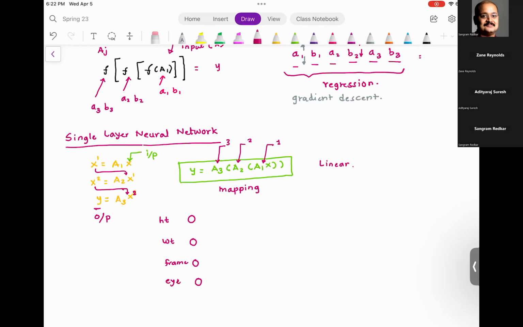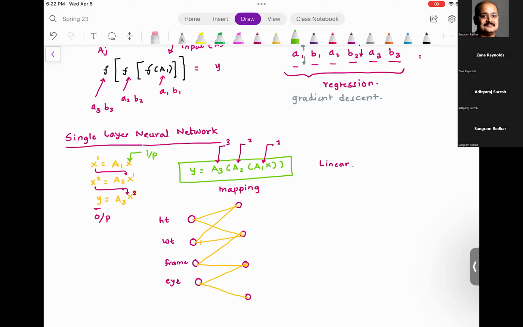Then you can have this first layer, and these lines indicate how these are related to the different internal layers. So what is the functional relationship between these?